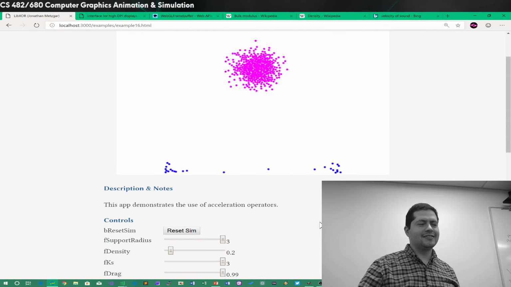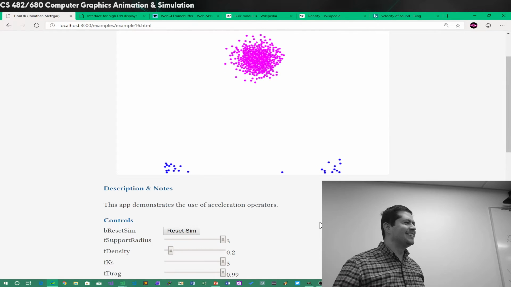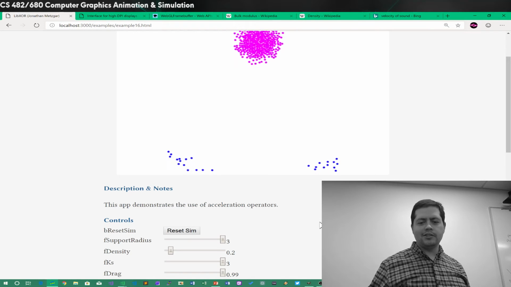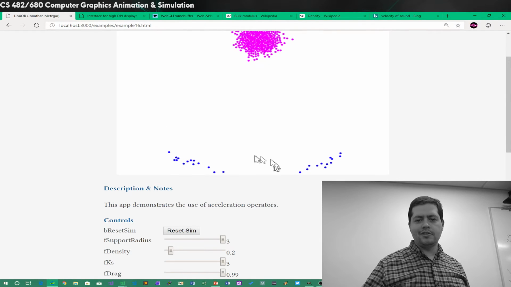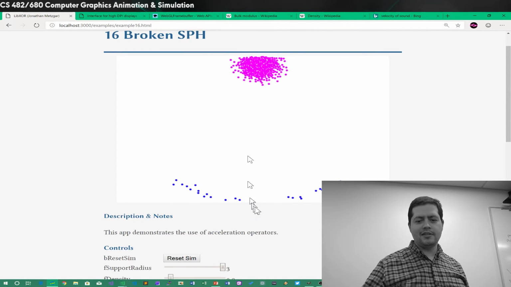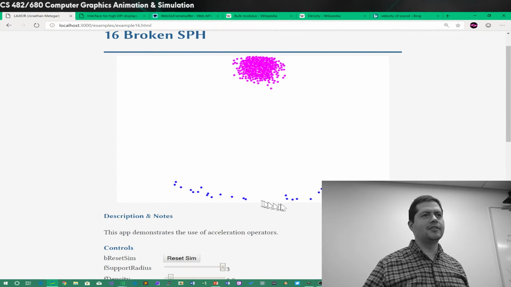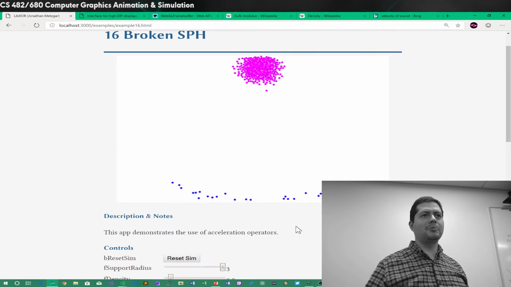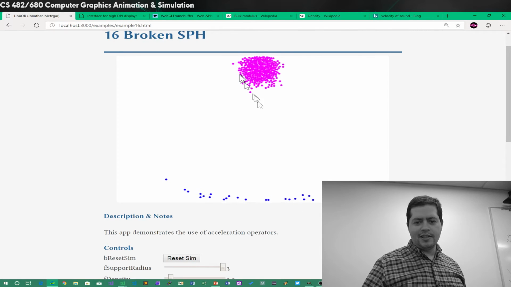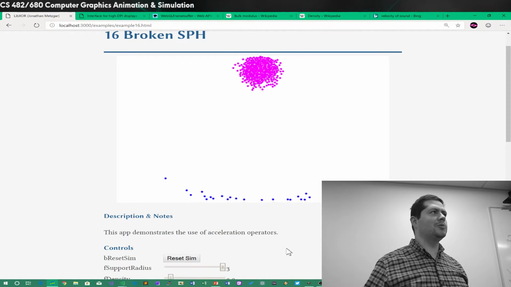Thank you, emergent behavior. You're very entertaining. Sometimes you get a little separation gap over here, but you have this mass here. How do these ones decide that they're not going to be part of the party? It's very cool.